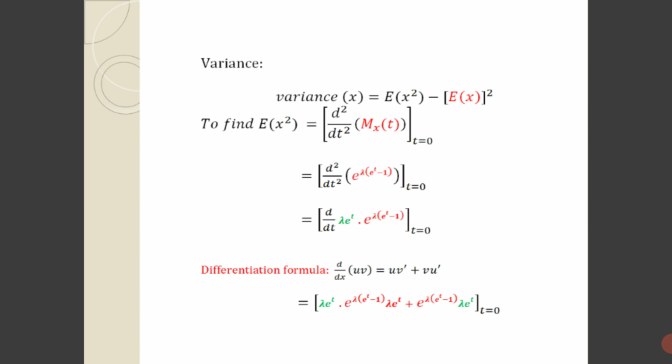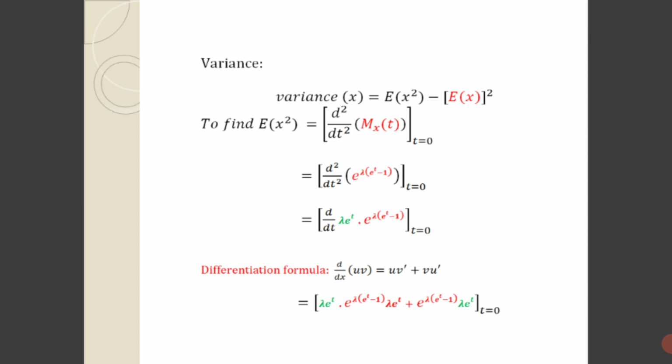Here u is λe^t and v is e^(λ(e^t − 1)). Now differentiating with respect to t, we finally get λe^t into e^(λ(e^t − 1)) λe^t plus e^(λ(e^t − 1)) into λe^t. This is the answer after differentiating.